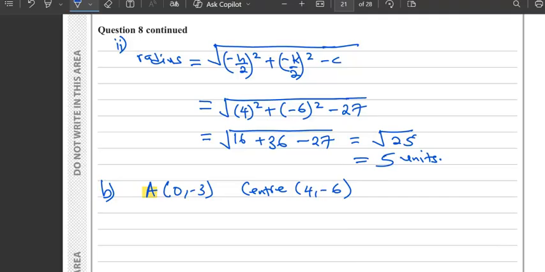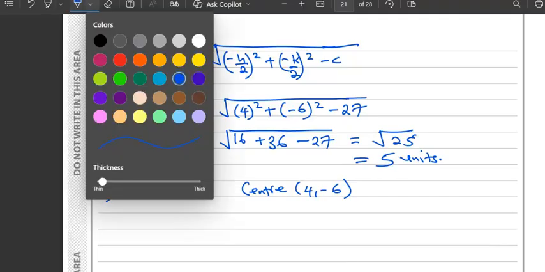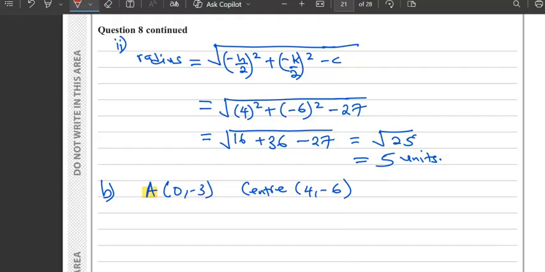Now, by a simple sketch, if this is the diameter of the circle, and this is point A given by the coordinates 0, negative 3, this is point B.